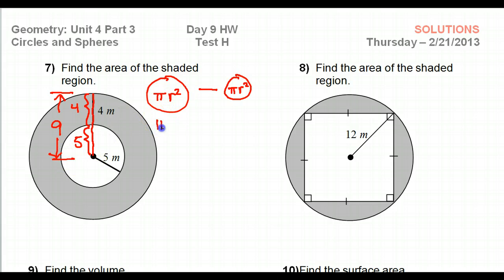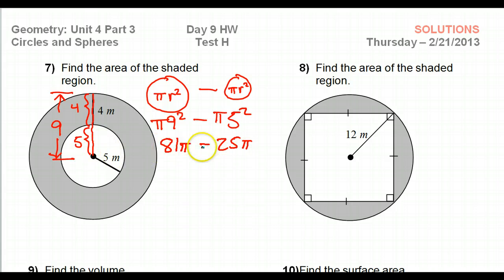So when I go to do the area of the big circle, pi r squared becomes pi times 9 squared. Now we need to subtract the smaller area. The radius of the small circle is 5, so that's going to be pi times 5 squared. 9 squared is 81, so that'll be 81 pi. 5 squared is 25, so that'll be 25 pi.